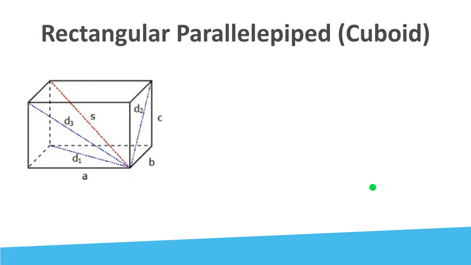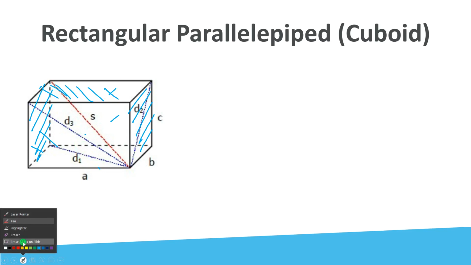For a rectangular parallelepiped, all faces are rectangles and the two opposite faces are equal rectangles. So we have two equal opposite faces that are rectangles, and we have the other four equal rectangles, which are all of these lateral sides.